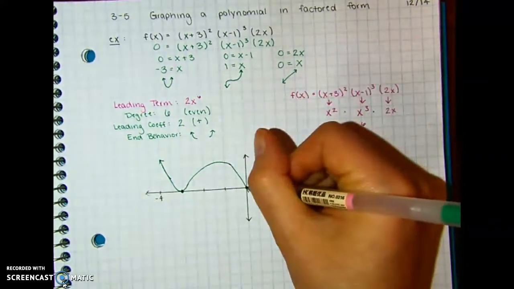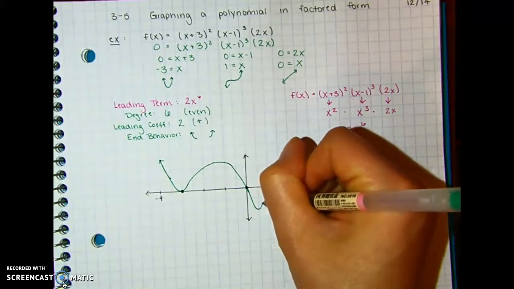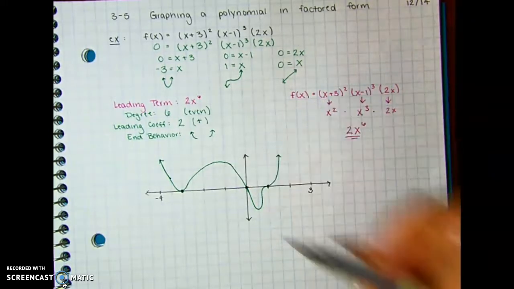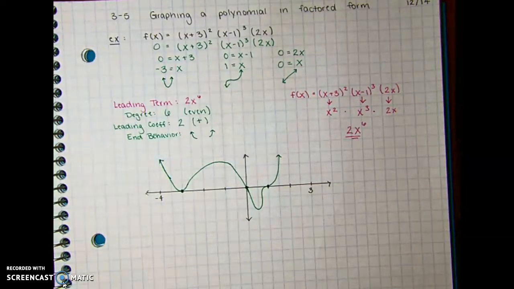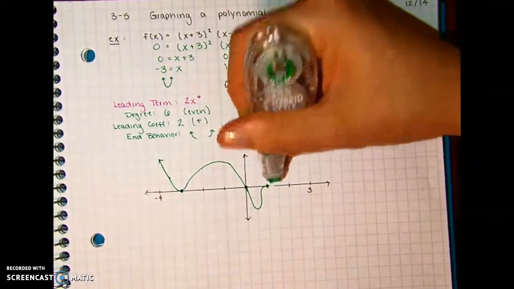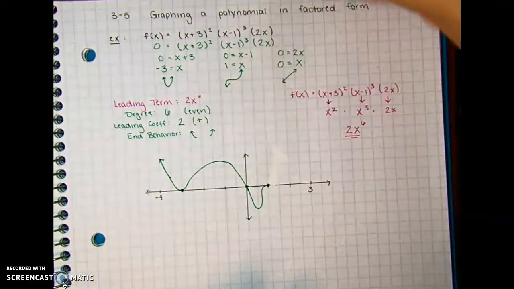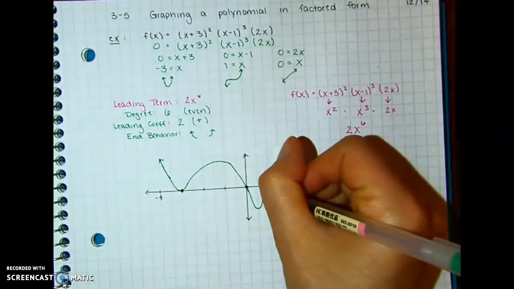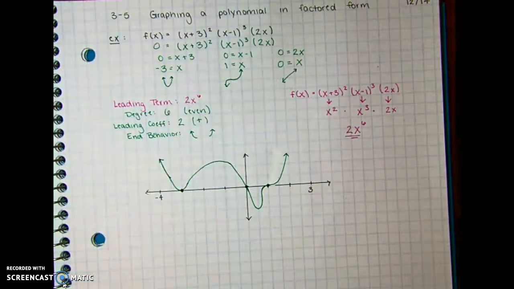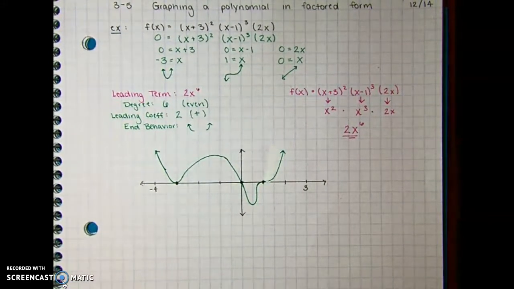And then I need to turn again. And here we're going to flatten out. Probably could have done a better job with the flattening out. It's kind of hard to graph. A little better. And that's it.